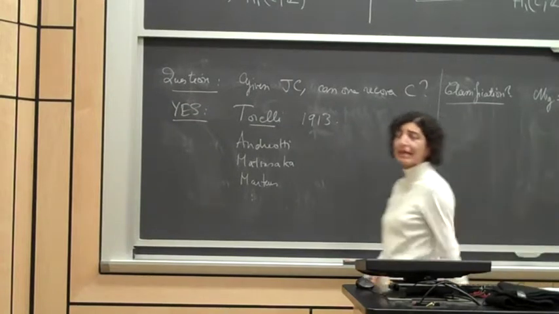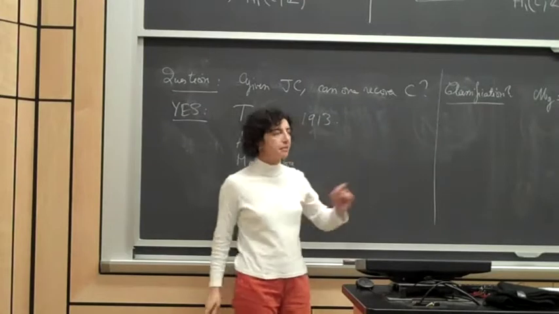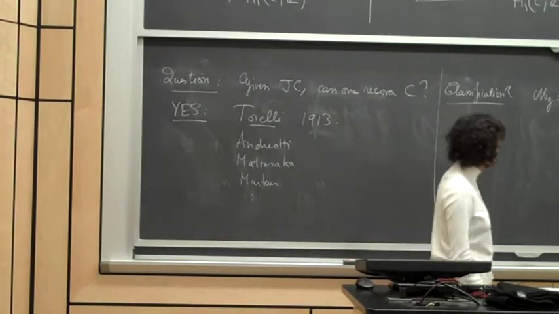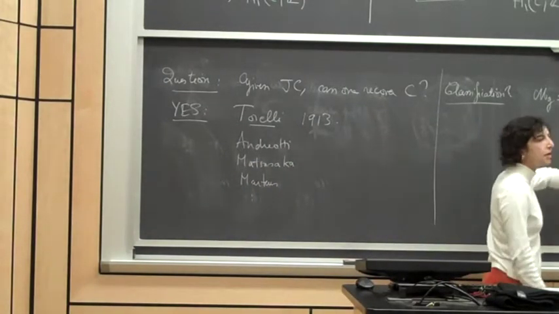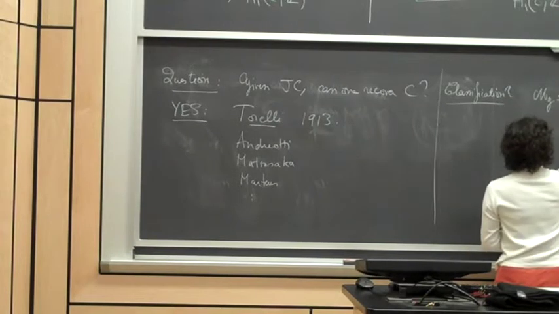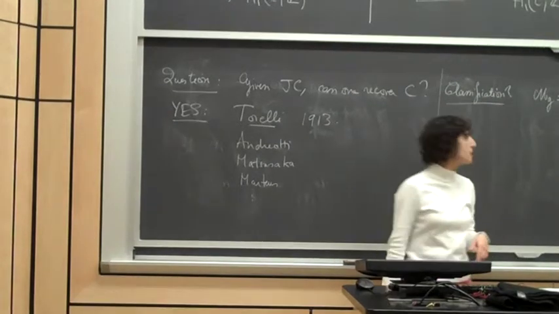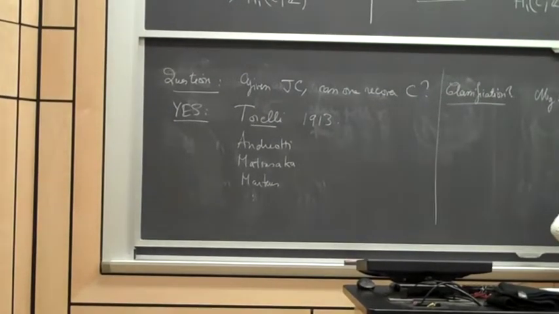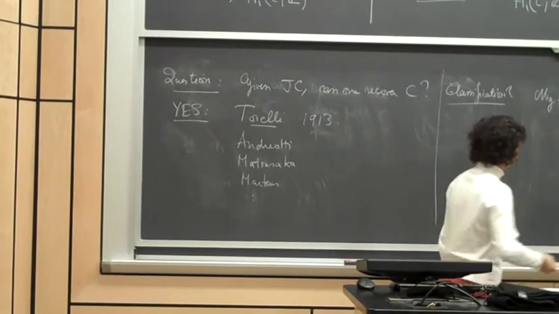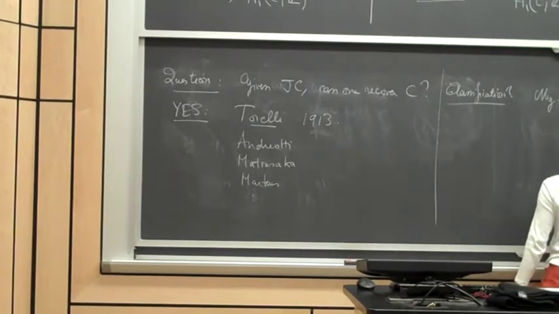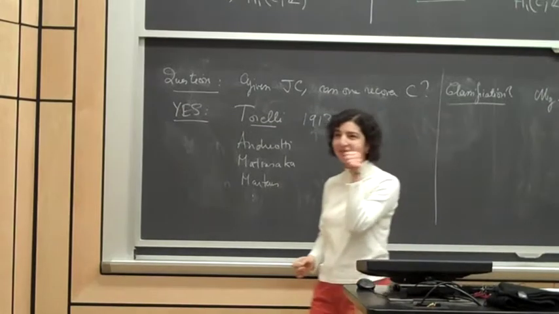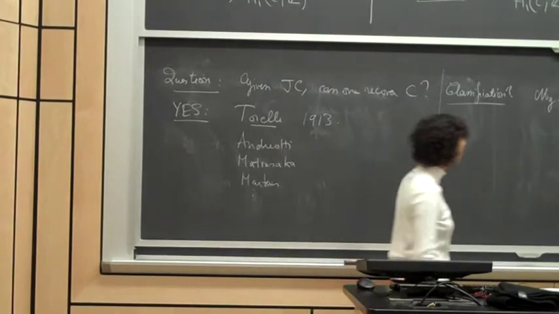You fix the genus, and then you let the algebraic structure vary, and you get some algebraic variety. The dimension is 3g minus 3 if g is at least 2. It's dimension 1 if g is 1, and 0 if g is 0. Basically, there is only one Riemann sphere.